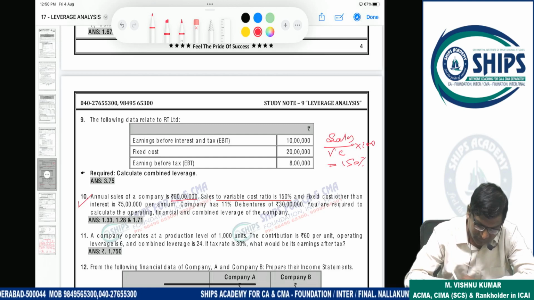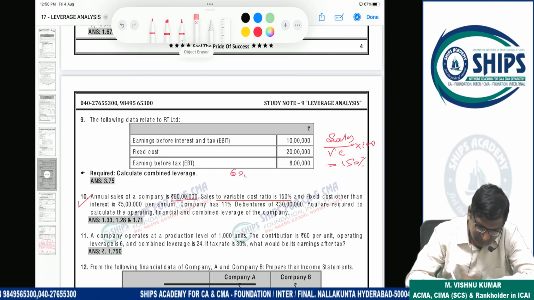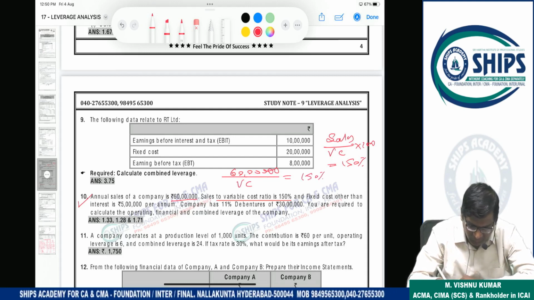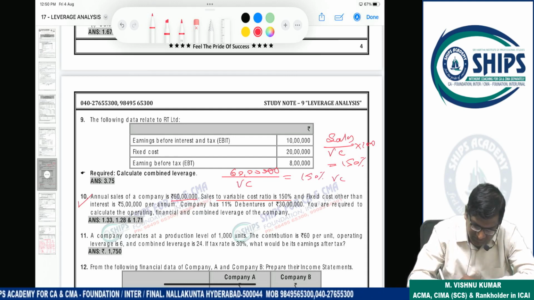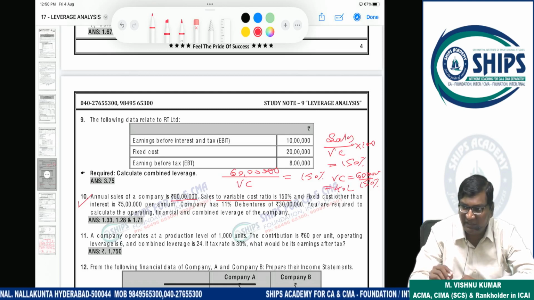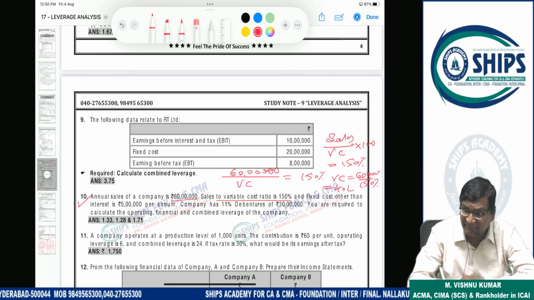Now sales how much given in the question? 60 lakhs. So 60 lakhs divided by variable cost is 150%. So variable cost is 60 lakh by 150%, so 40 lakhs. So variable cost is 40 lakhs. Okay. Understand? आया समझ में ये?